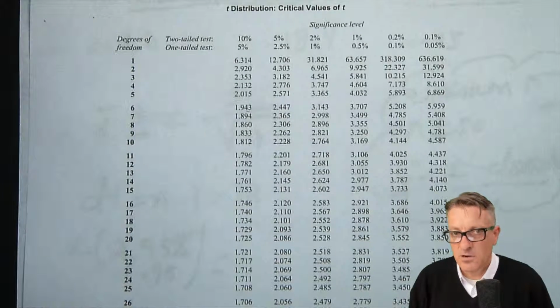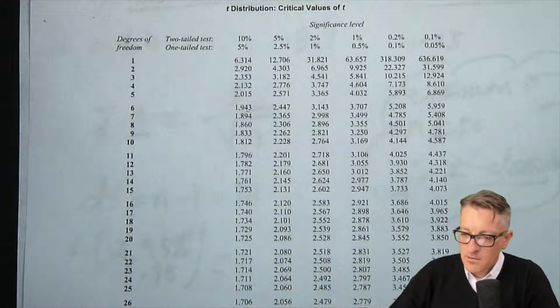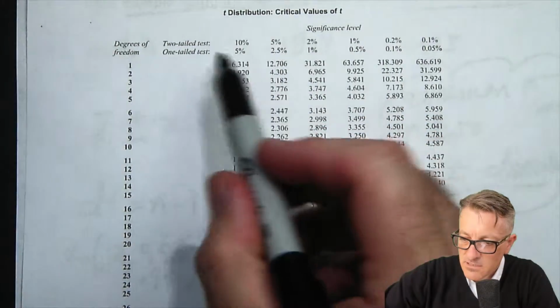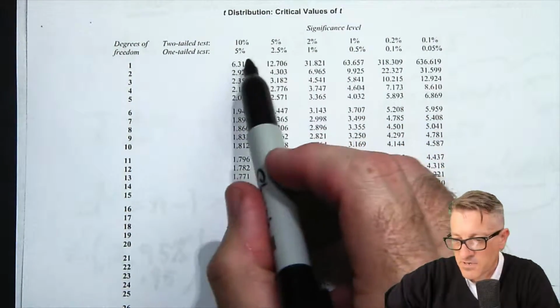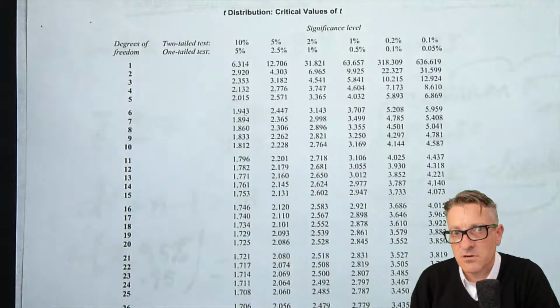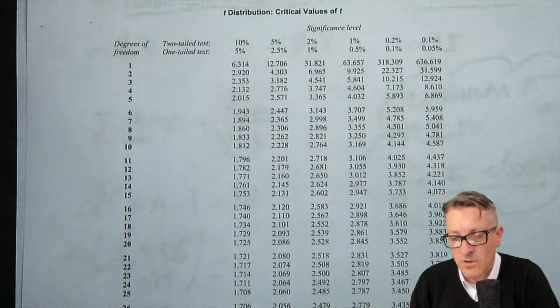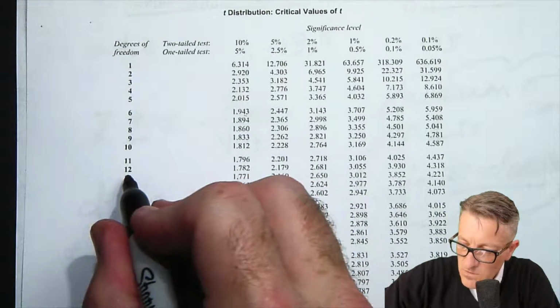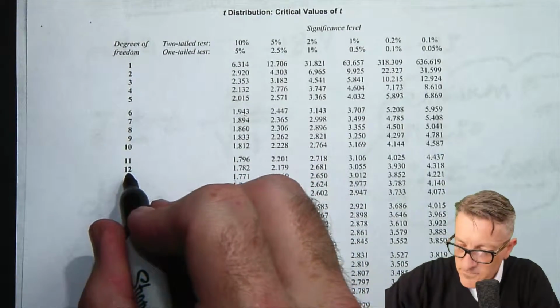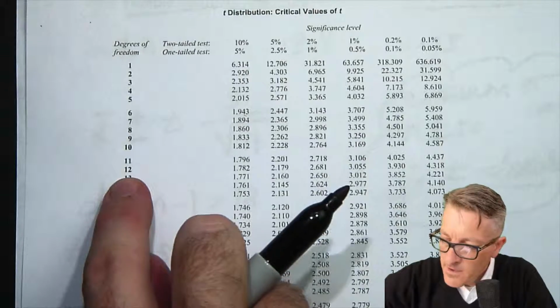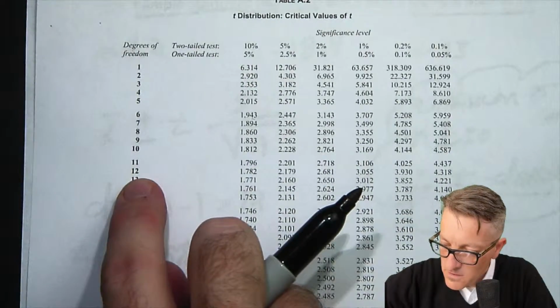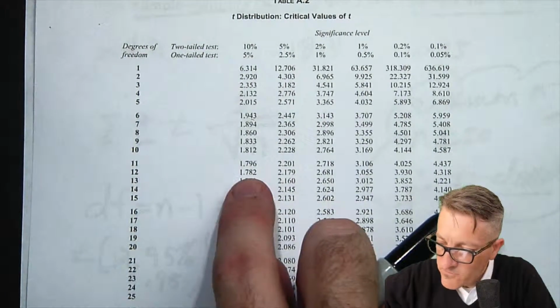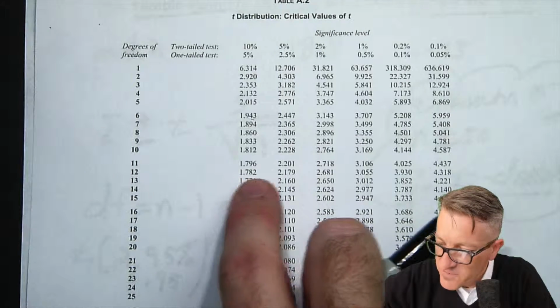It's set up like you're doing a hypothesis test, which has the one-tail, two-tail, and it has 5%, 10%. So they're really small numbers. These are all tail values, and we want that middle part. So let's go back and I'll show you here. Our degrees of freedom was 12. So we go to 12, and then we go over to the two-tail 5%.